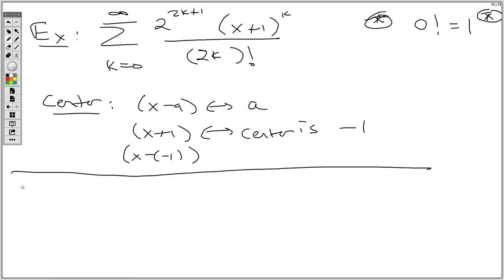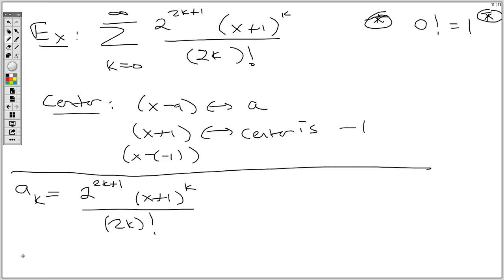So let's set up the ratio test here. a sub k, that's the kth term, and let's look at a sub k plus 1. When you do this substitution, you either mentally or literally take the k, wherever the k is, envelop it in parentheses, then erase the k and replace it with the quantity k plus 1.